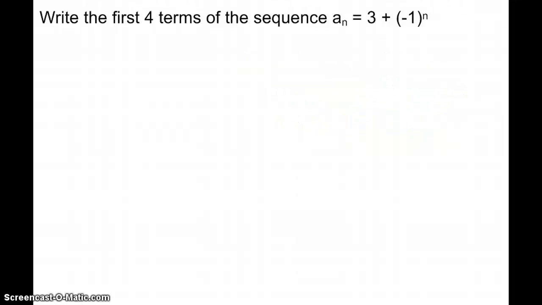So being given that a sub n is 3 plus -1 raised to the power of n, we'll generate the first 4 terms of the sequence, and this is how we would show them.